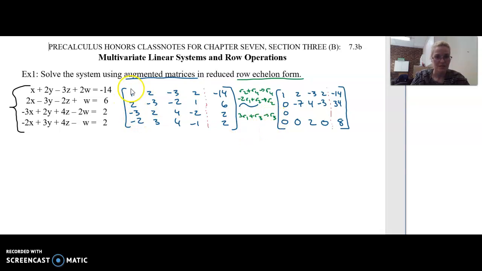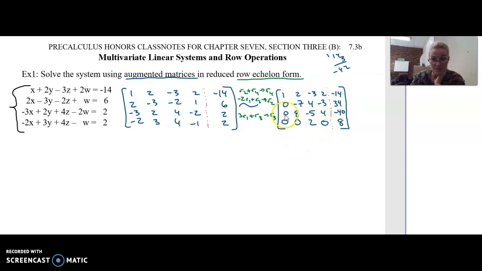So 3 times 1 is 3, plus -3 is going to be 0. 3 times 2 is 6, 7, 8. 3 times -3 is -9. -9 and +4 is going to be -5. 3 times 2 is 6, minus 2 is going to be 4. 3 times -14. 3 times 14 is 12, carry the 1, 42, but that's going to be -42. -42, and 2 is going to be -40.